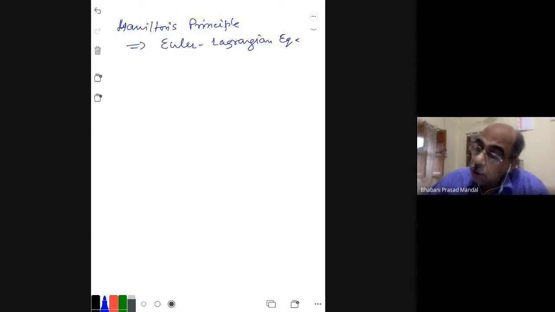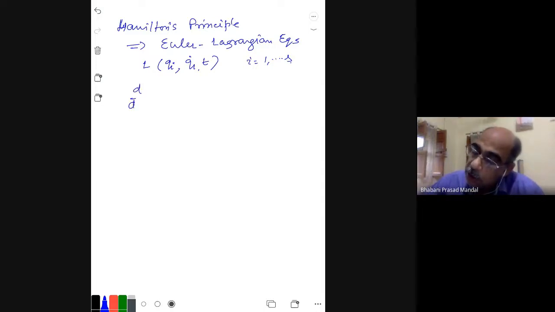This equation is written as, if your Lagrangian is a function of, let us write now all variables. That time I used only 1 degree of freedom. Now I use s degrees of freedom, i equal to 1 to s. Then the Euler-Lagrangian equation is d/dt of ∂L/∂q̇_i minus ∂L/∂q_i equal to 0.